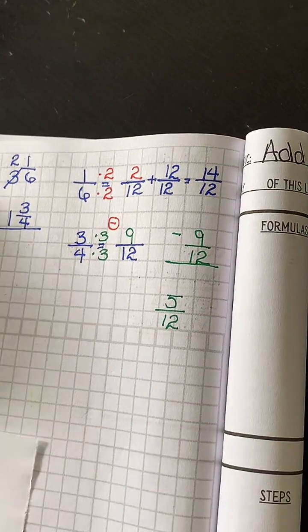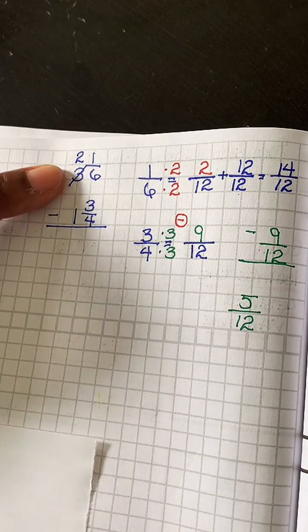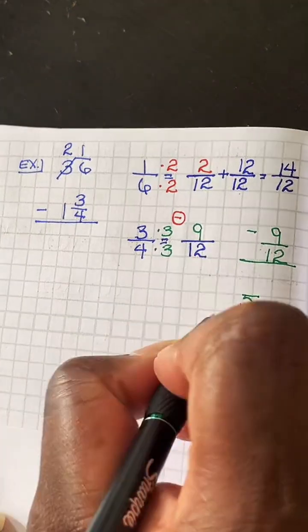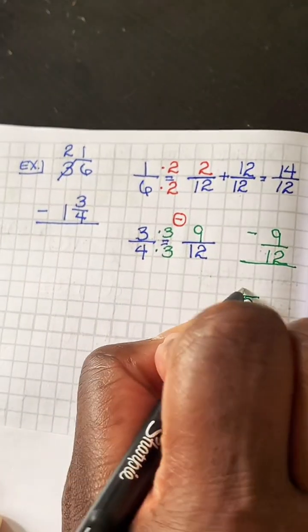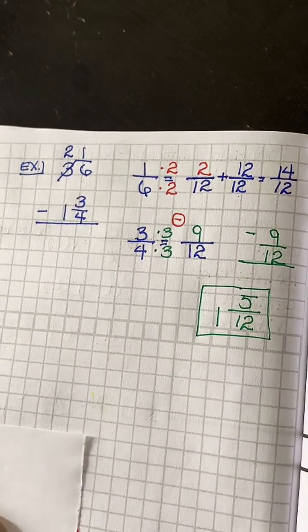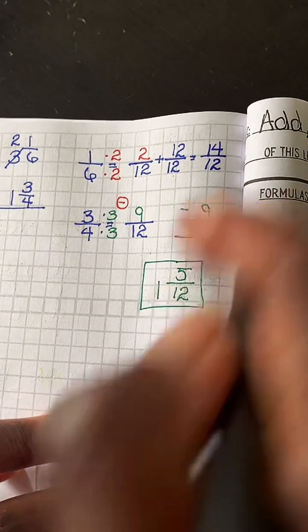But with the whole numbers, we don't have 3 anymore, it's a 2. So 2 minus 1 gives me 1. So with the subtraction, we do have to keep that in mind.